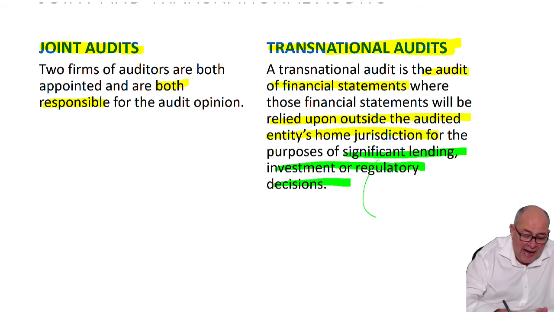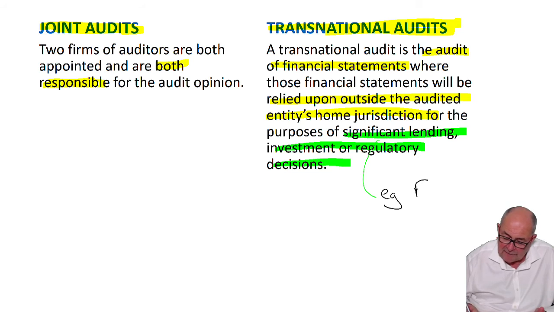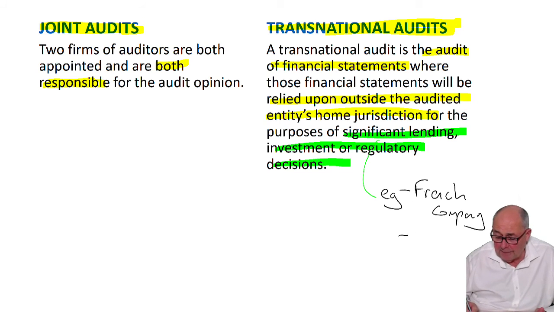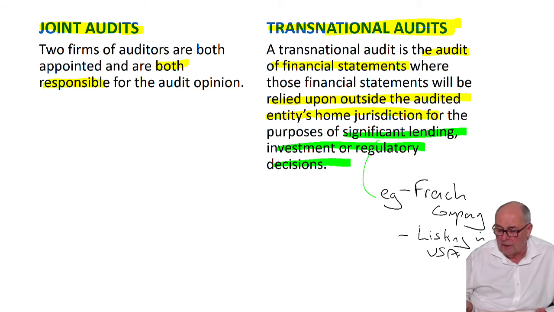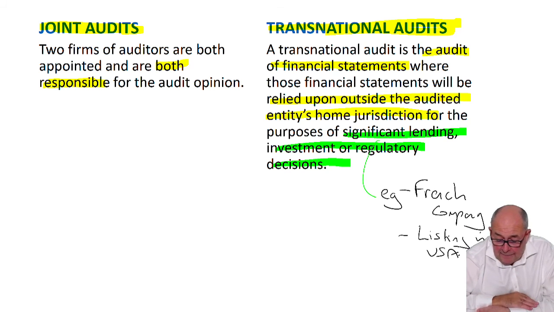So, as an example, perhaps you've got a French company from France, and the French company goes for a listing in the USA. So they go for a listing on the American stock market.